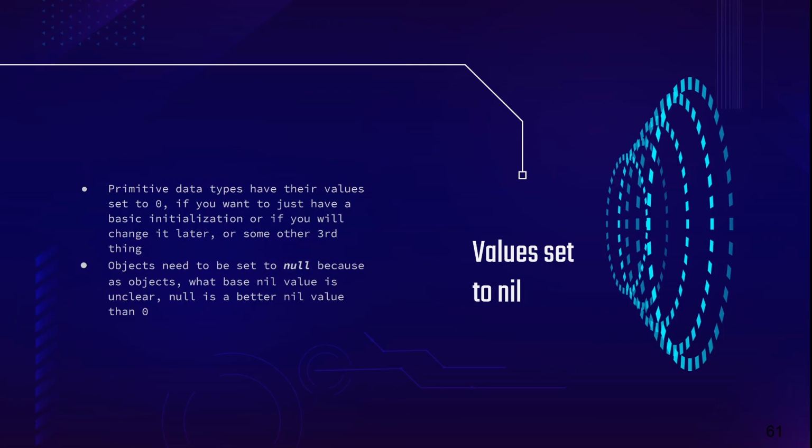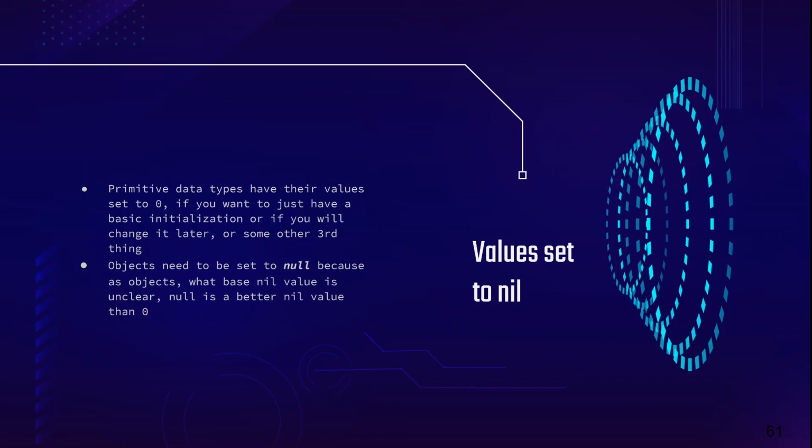So, let's talk about setting stuff to nil. I'm going to use nil because null is a keyword. When you're dealing with primitive data types that have their values set to nil, you can have some basic initialization or maybe another variable to hold it in place if you're going to change it later, or some other third thing.